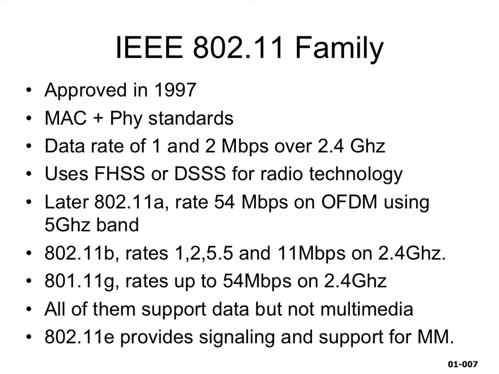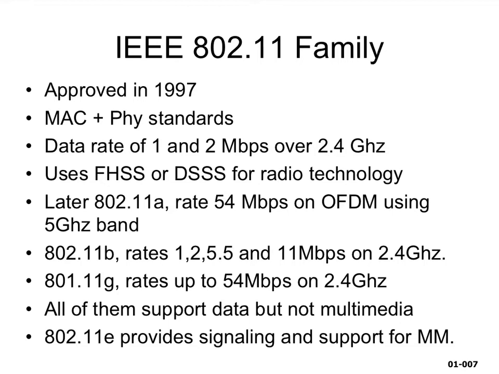As we said before, the 802.11 family covers the MAC layer, or the MAC sublayer, and MAC, we know, is part of the data link layer, okay, and the physical layer, right? The baseline standard supports a data rate of around 1 or 2 megabits per second, all the way up to 11 megabits per second.